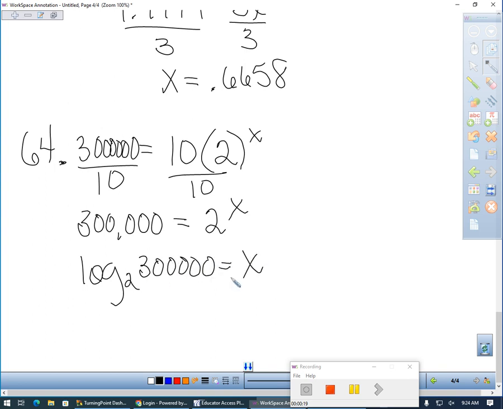So I grab my calculator and put it in. On this one I get, for number 64, about 18.19 hours.